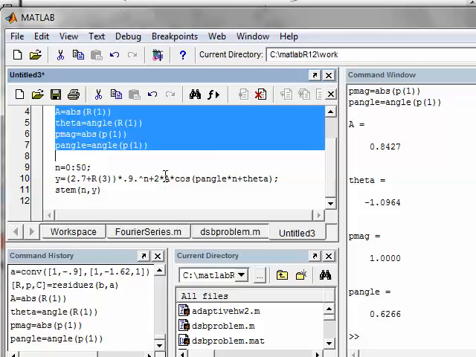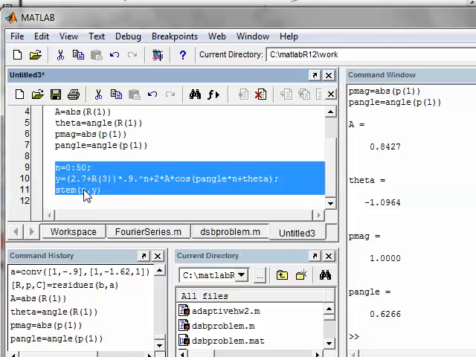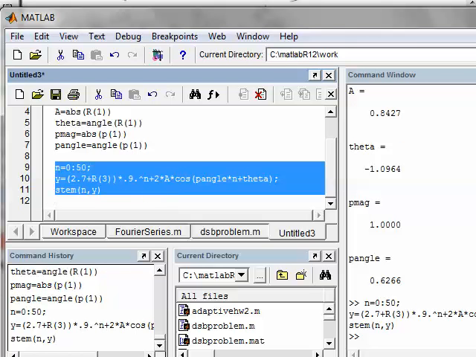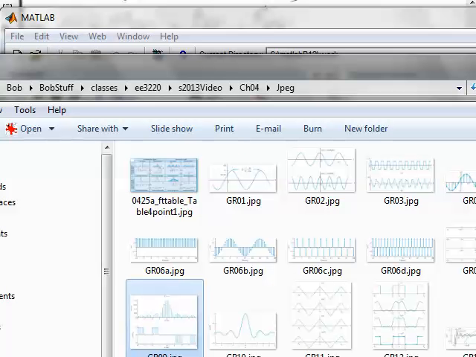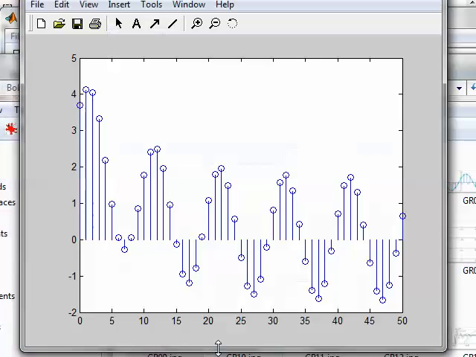So there's the MATLAB command, and then I'm going to graph it using the stem command. n is the x-axis value, and y is the y-axis value. Let me highlight those, and I'm going to hit the F9 key, and you see it ran all those over in this window. And now I'm going to try to find it here, oh, there it is.